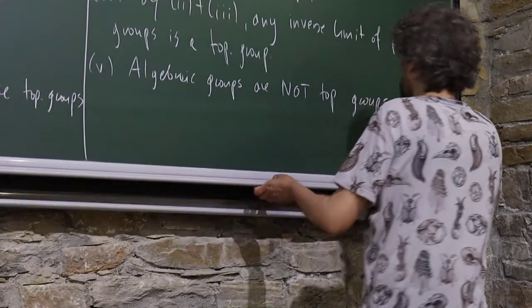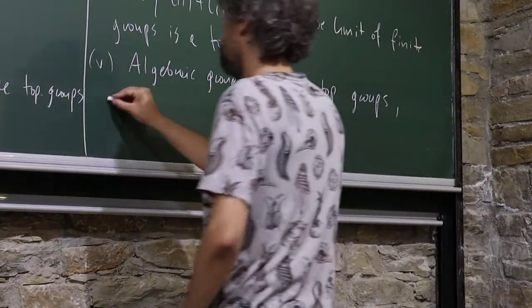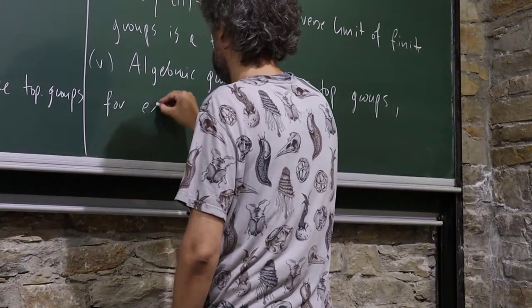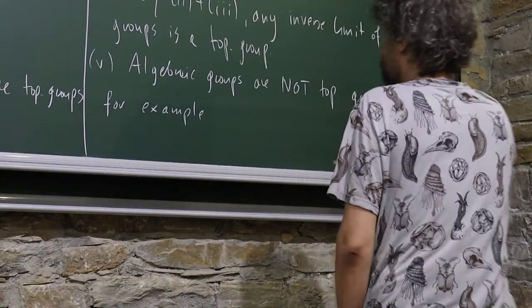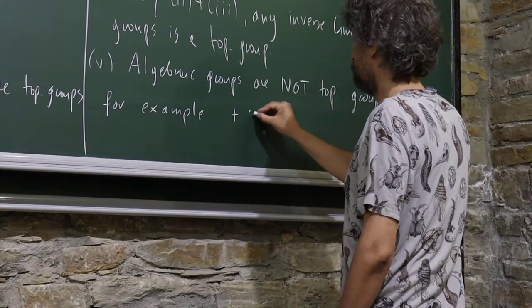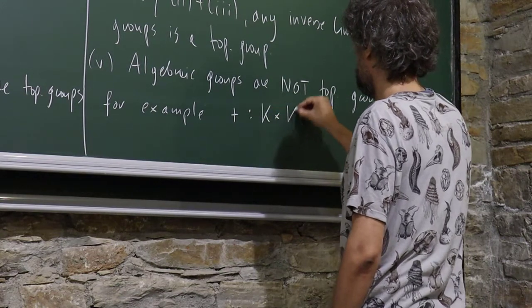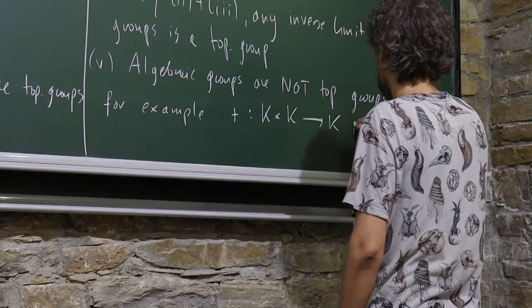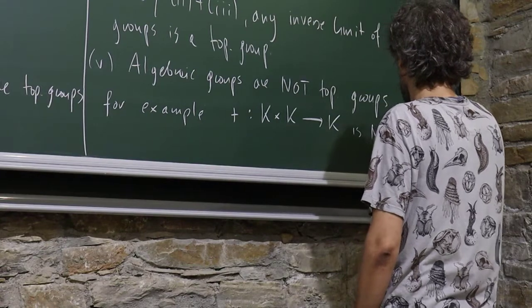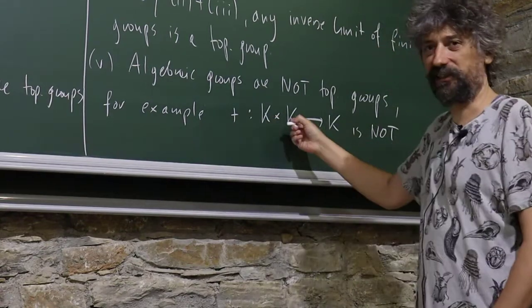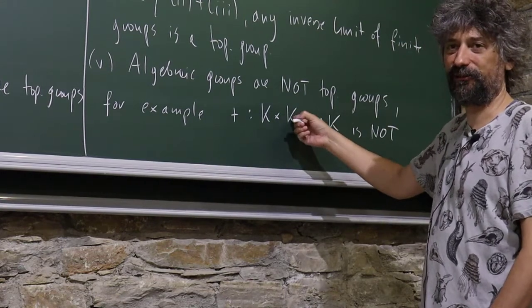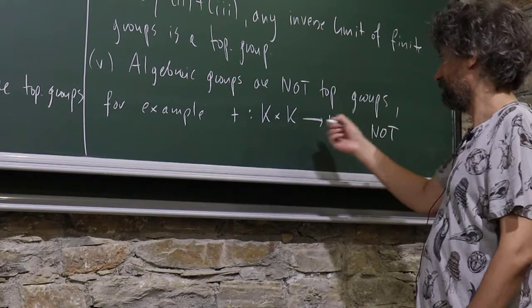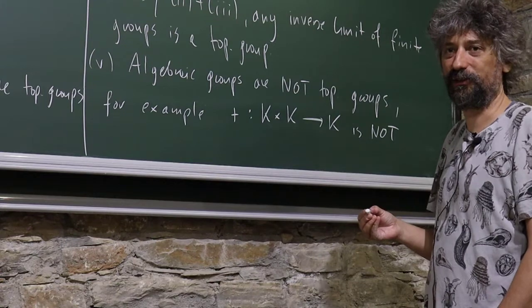So for example, plus is not continuous when we take Zariski topology, because it's cofinite, and even the diagonal is not closed in the product.